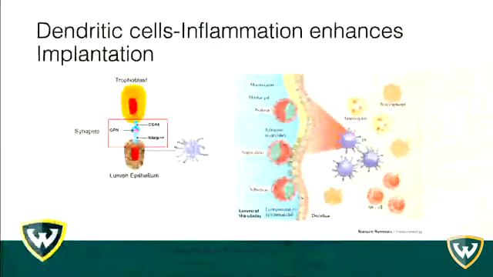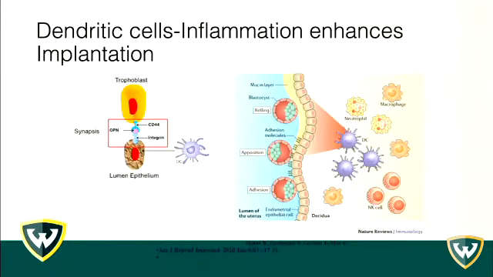So to put in summary what we know today, the dendritic cells secrete inflammatory cytokines and chemokines that will remove a layer of mucins that are present in the surface epithelium of the uterus, and will induce the expression of adhesion molecules that will allow the attachment of the embryo to the epithelium.